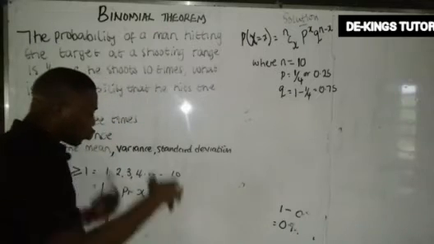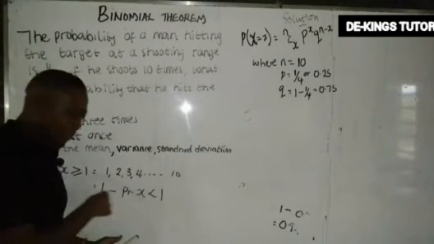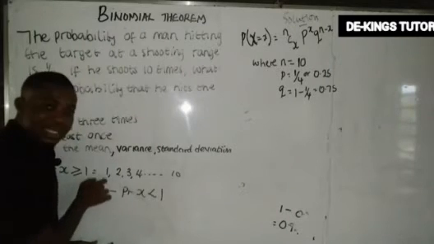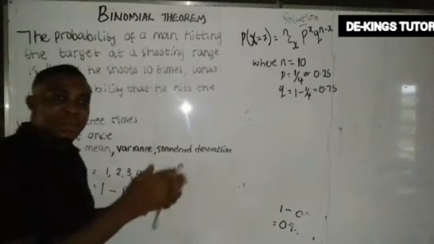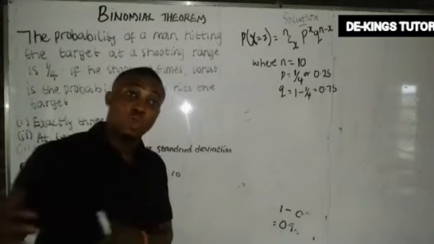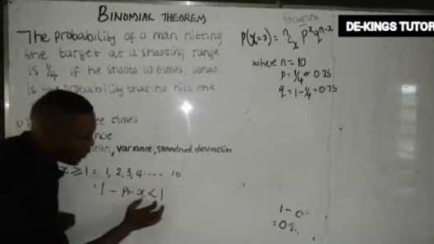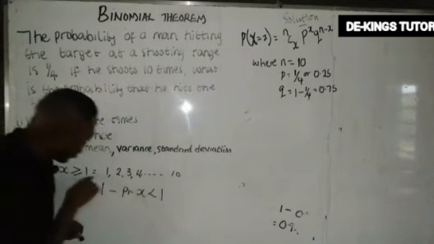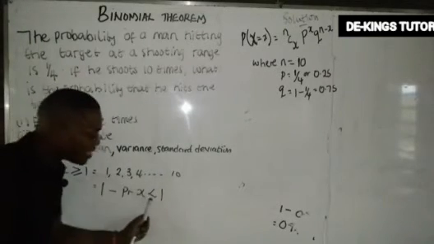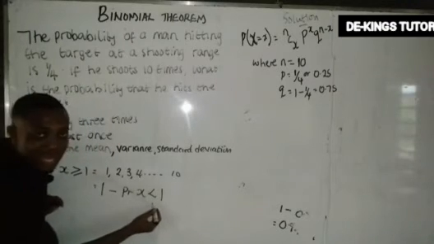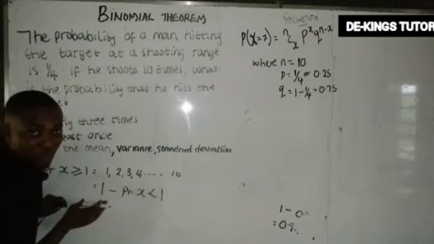So I can twist it around and subtract it from 1. This is the probability standard formula. Remember I said the probability of success plus failure equals 1. So this is 1 minus the probability of x less than 1 instead of greater than or equal to. So what is less than 1? It is 0.